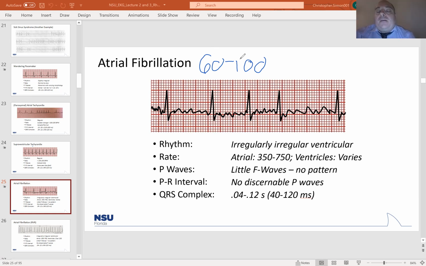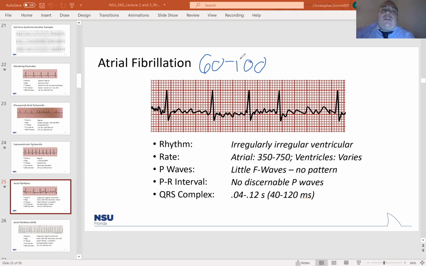And if it's over 100, we would call it atrial fibrillation with rapid ventricular response. Some people will say that AFib RVR is not really until 150, but that's technically incorrect. We don't really worry about it from an immediate management standpoint until it gets to around 150, but technically speaking, anything over 100 is AFib RVR.